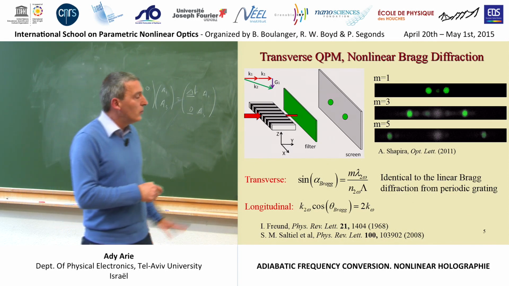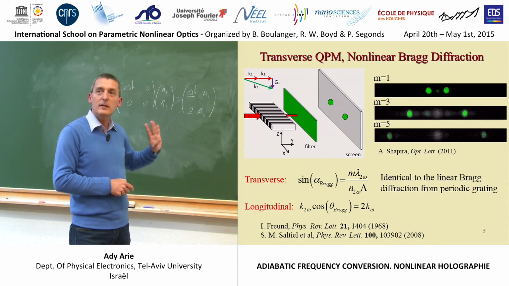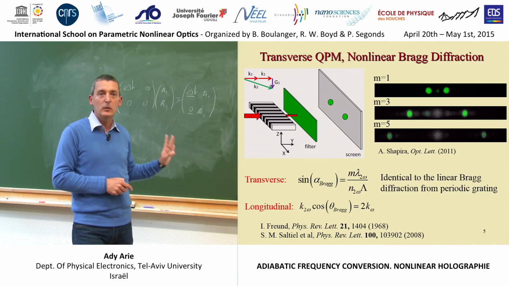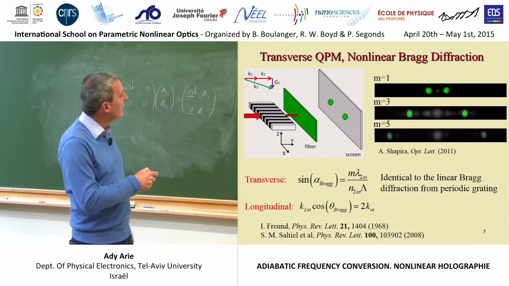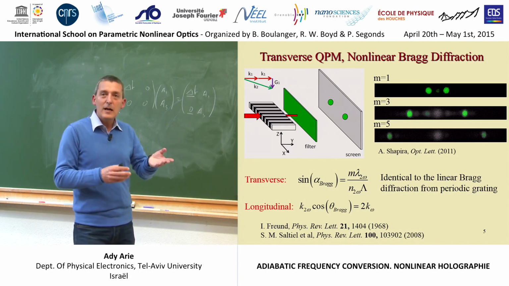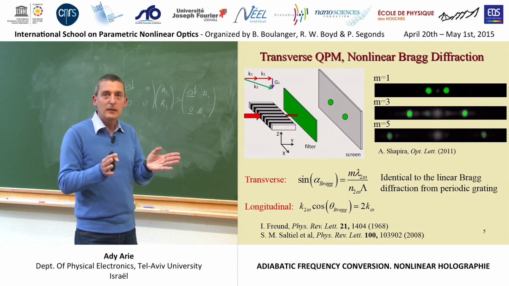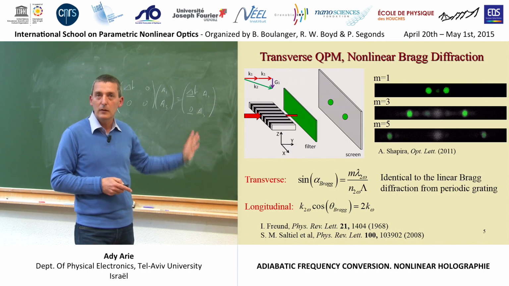And in fact, if you calculate the angle, you will find that it's exactly identical to the Bragg diffraction angle that you have in linear diffraction. I mean, if this was just a grating with a period lambda, and you send light, then the diffraction will be at exactly the same angle, the same conditions, but now it's in the second harmonic.